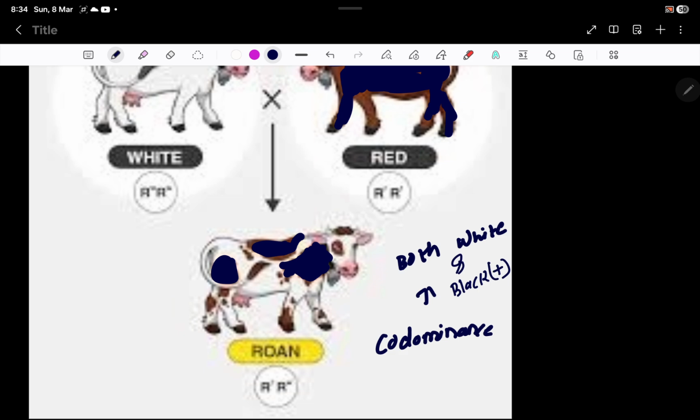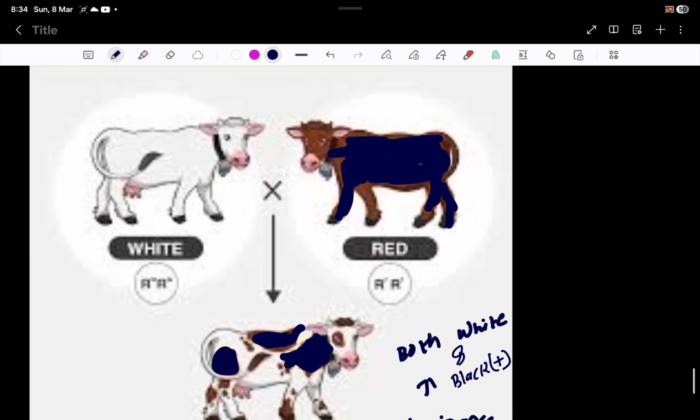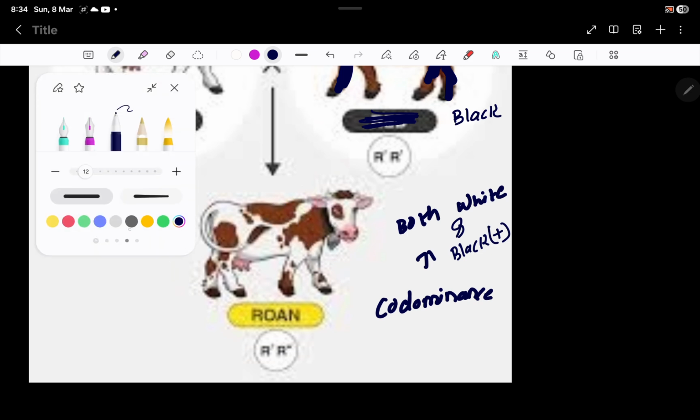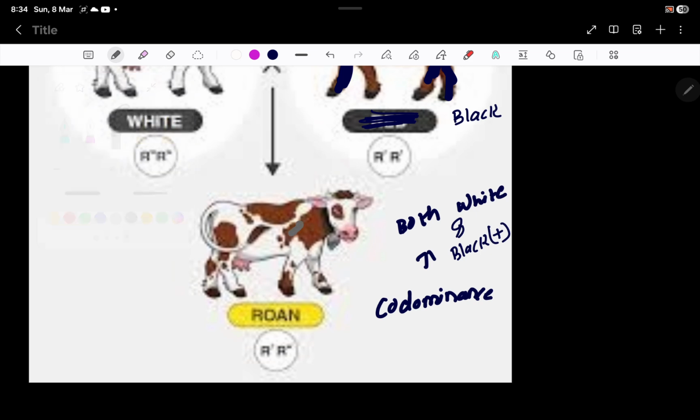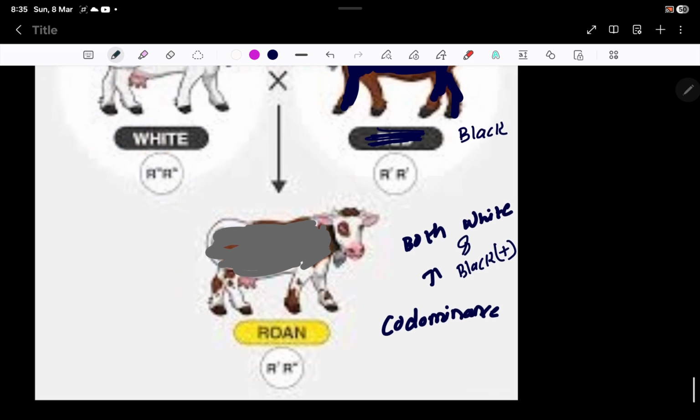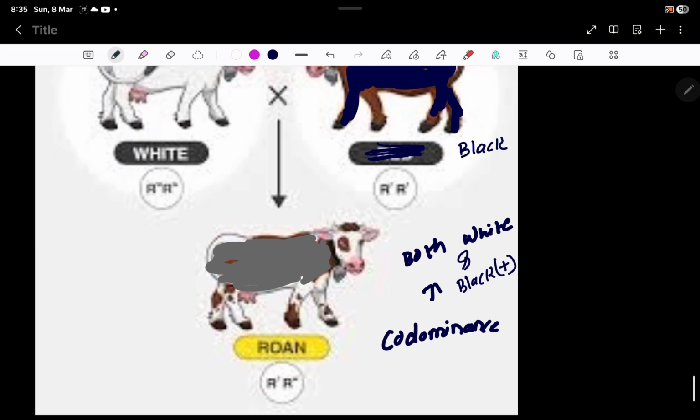But in case of incomplete dominance, what happens with white? Suppose you are crossing it with the black one. The cow which will be produced will be gray in color. Clear? So no white, no black. I think you have understood very clearly.